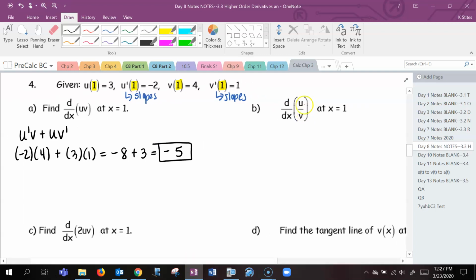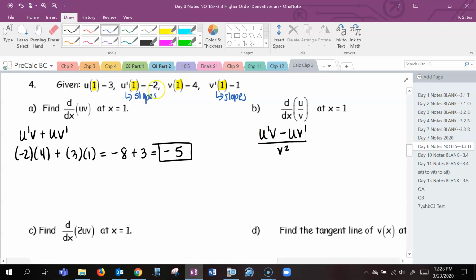The next one we can see we're going to have to do quotient rule here because we're dividing. So quotient rule, remember, is very similar to product rule. U prime v minus uv prime all over v squared. Okay, so now we'll plug our numbers in.